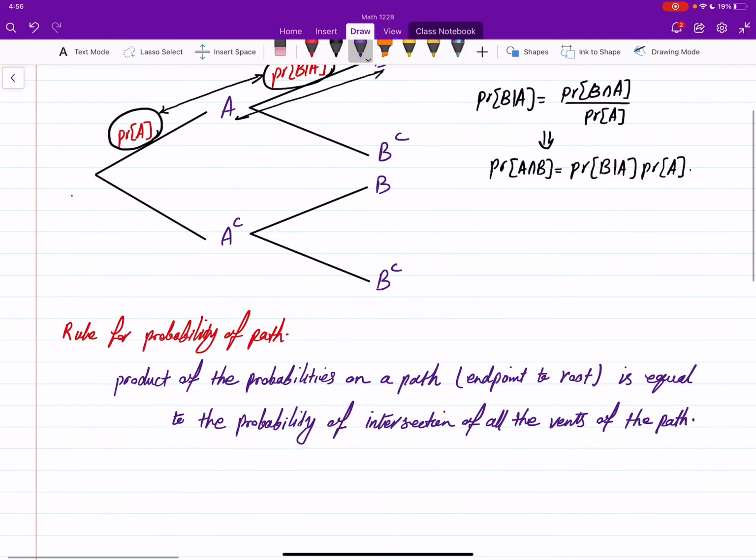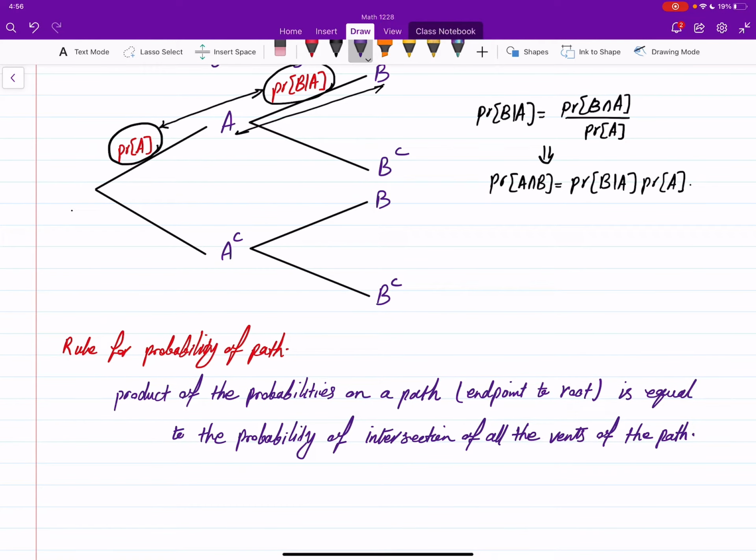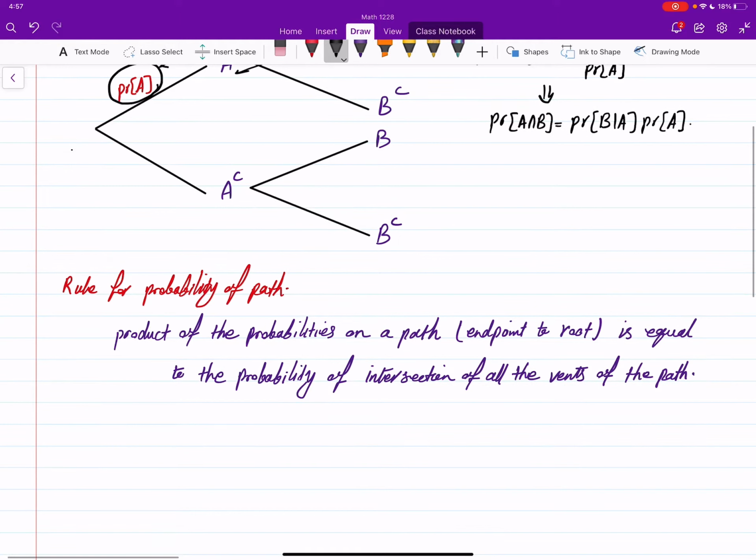So in other words, whenever you want to find probability of intersection of paths, for example, probability of, let's say, A complement intersect B complement would be whatever you see here and whatever you see there; you multiply those two, and that will give you the probability.